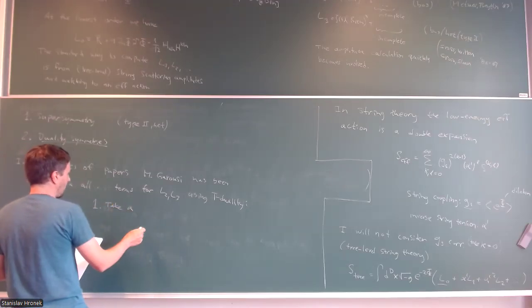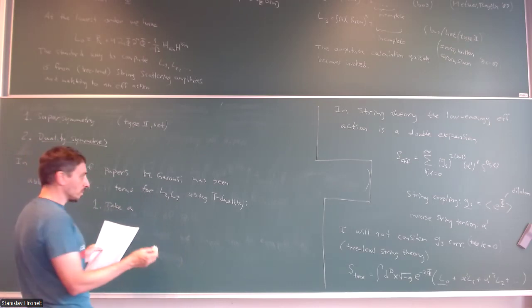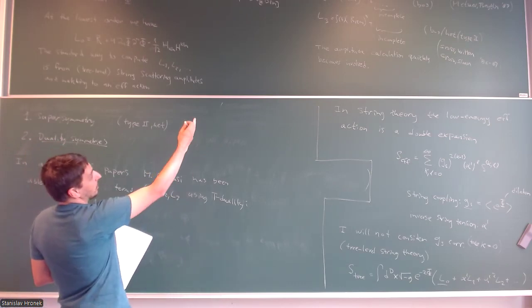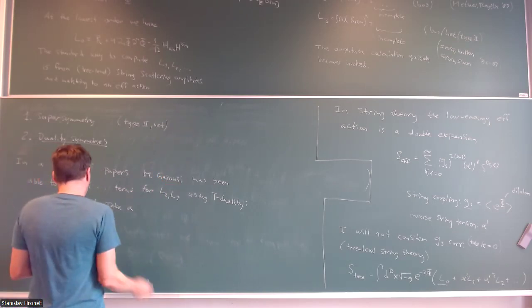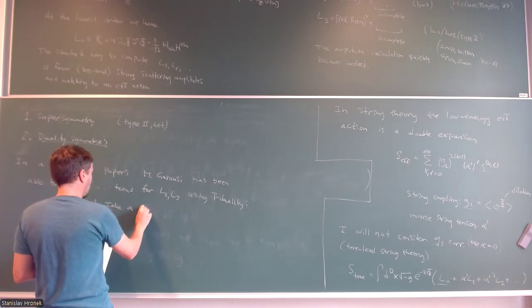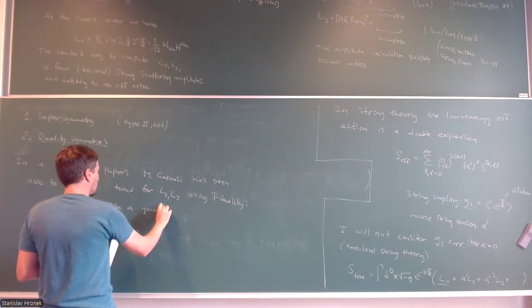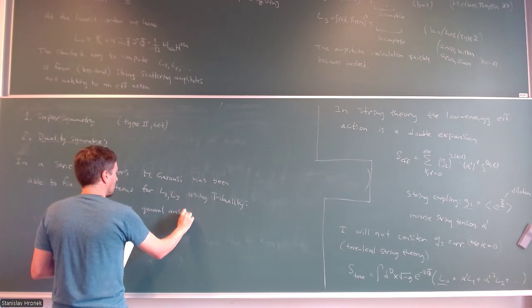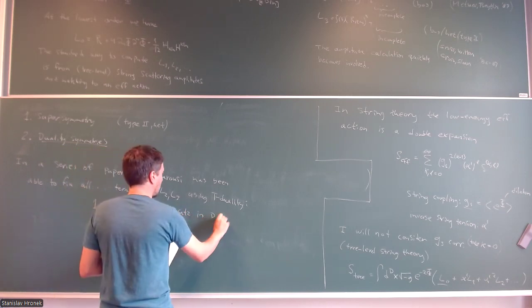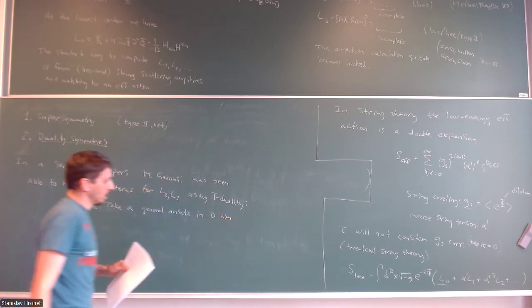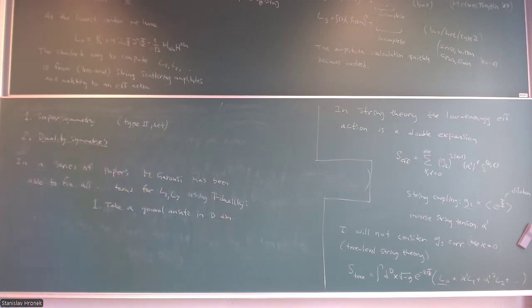A general ansatz for the effective action, you have to write all the gauge invariant terms, combining the Riemann tensor and H and derivatives of the dilaton. Already, this is quite non-trivial because in the case of alpha prime cube, that involves some 1,000 terms in 10 dimensions.